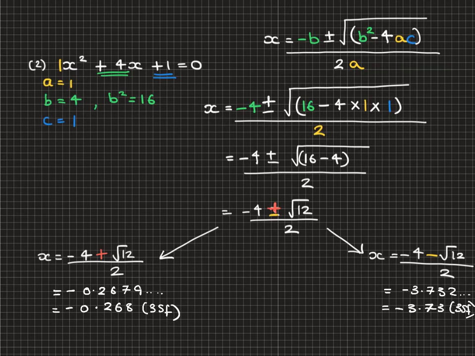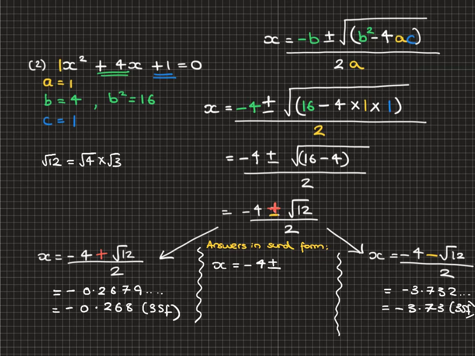But remember, sometimes we might be asked to present our answers in surd form, and I'm going to do that in this little space over here. So we're going to simplify root 12. So we have -4 plus or minus, and then let's see if we can do that over here. So root 12 is equal to root 4 multiplied by root 3, which is 2 root 3.